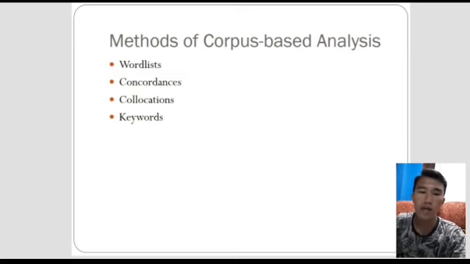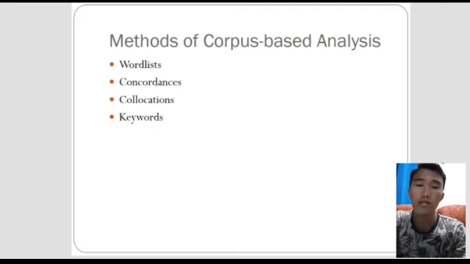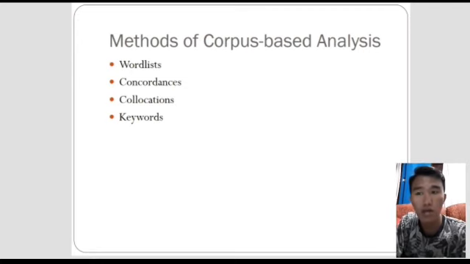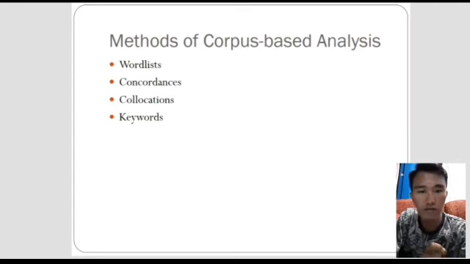So what does this mean? When we analyze using corpus tools in the research method, this is the first step that we have to do. The first one is word list. What does it mean by word list?